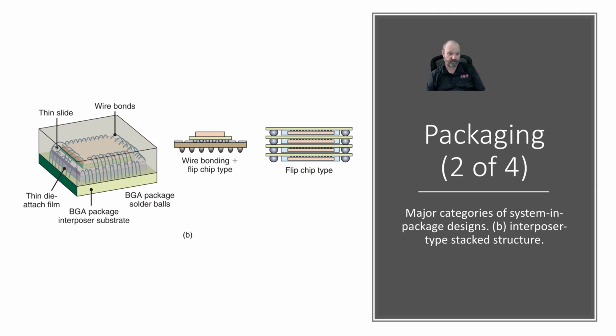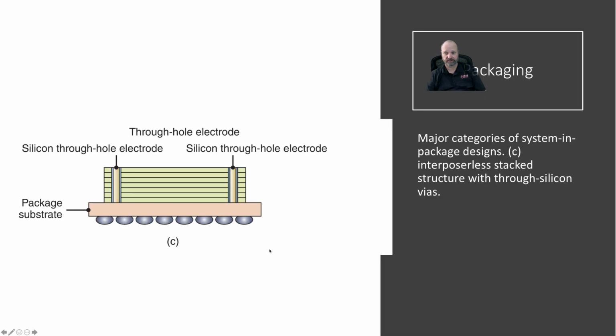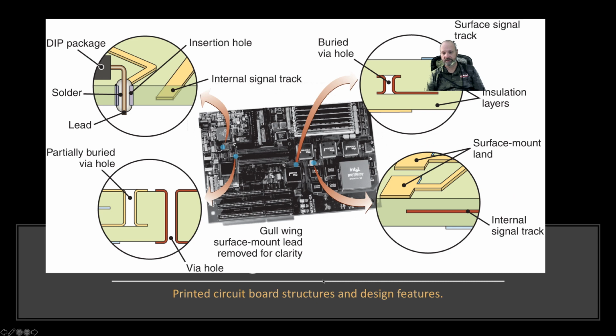Okay, here are some more kinds of packaging. There's a lot of variations. This shows you a real printed circuit board with a bunch of different chips on it, and they have different kinds of connections.